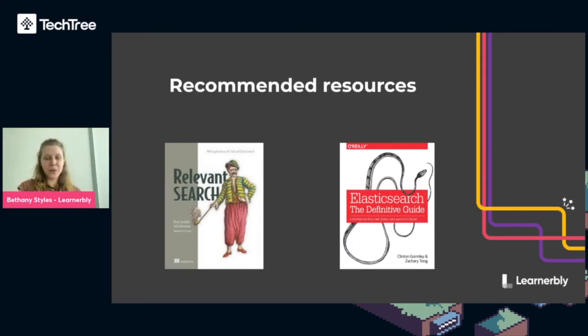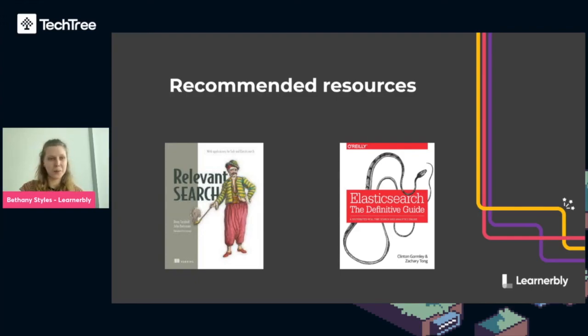So a couple of recommended resources. With Learnerbly, we also get as employees our own budget. And these are 2 books that I've bought with my budget. The definitive guide, I really, really recommend for getting started.